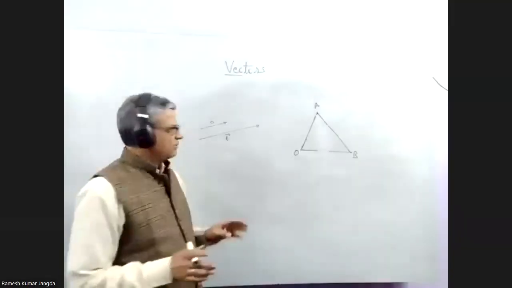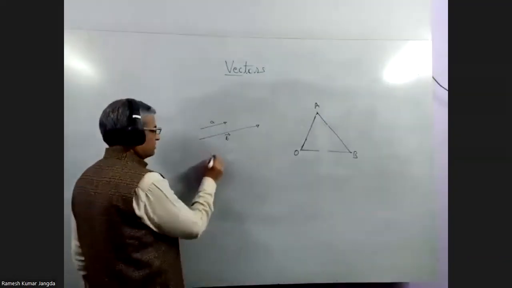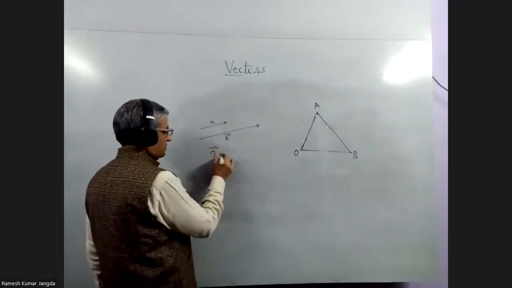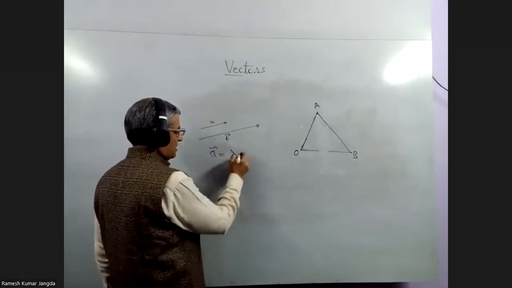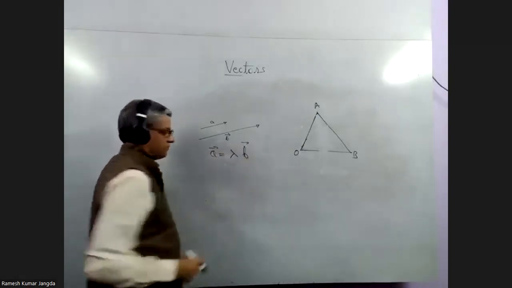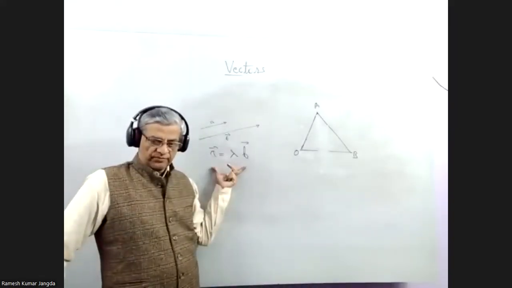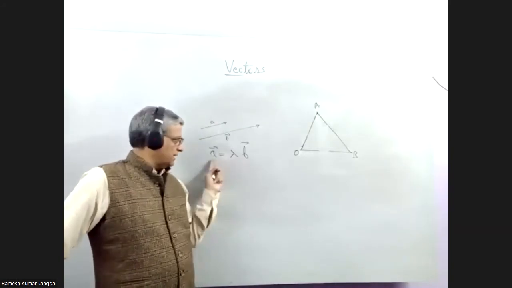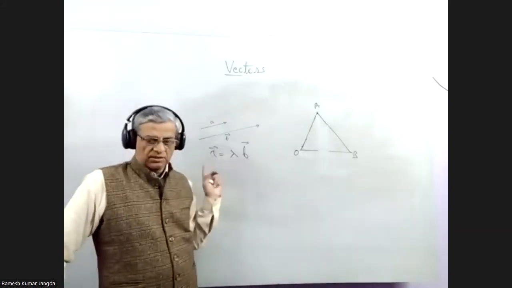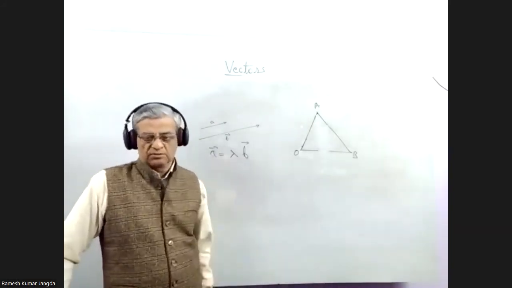Therefore, we can always write vector A is equal to some constant lambda times B. When we write two vectors like this, it means A and B are like vectors, but they differ in magnitude.